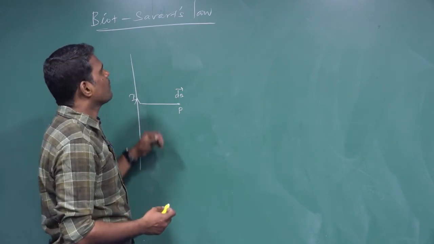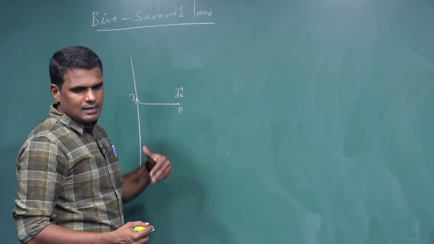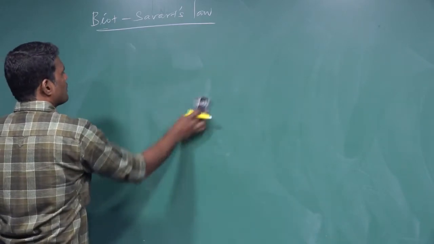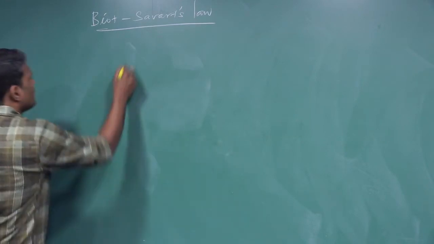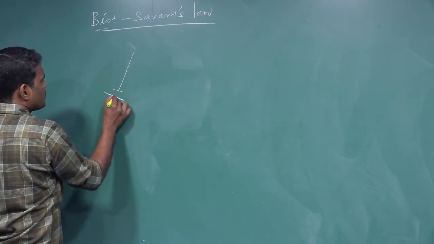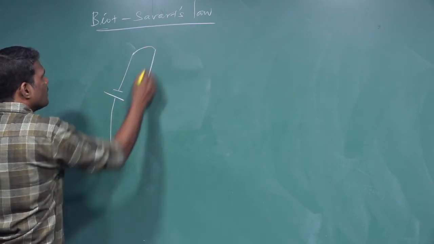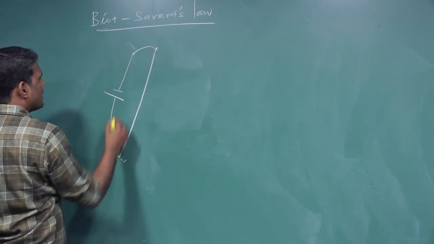When a current carrying conductor is connected to a source of potential difference V, let us say XY is the current carrying conductor.